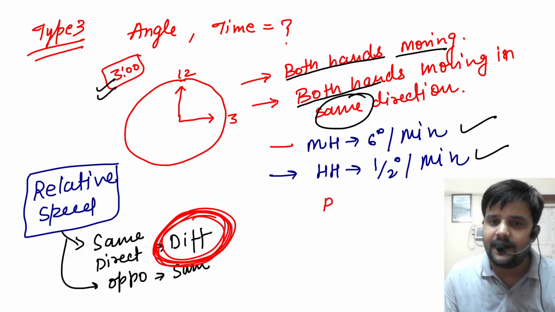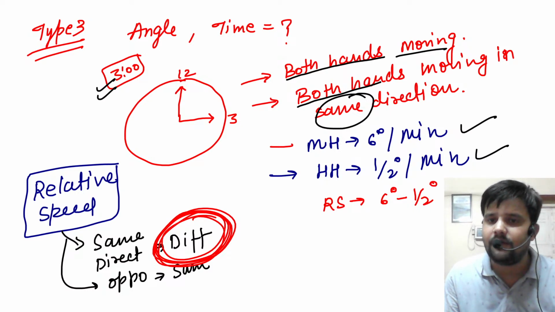So the relative speed between the minute and hour hand would be minute hand minus hour hand. That would be 6 degree minus half degree, which equals 5.5 degree, or I can say 11 by 2 degree.